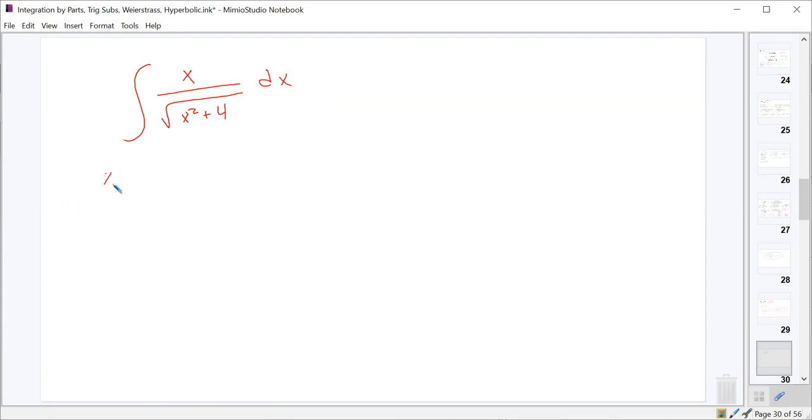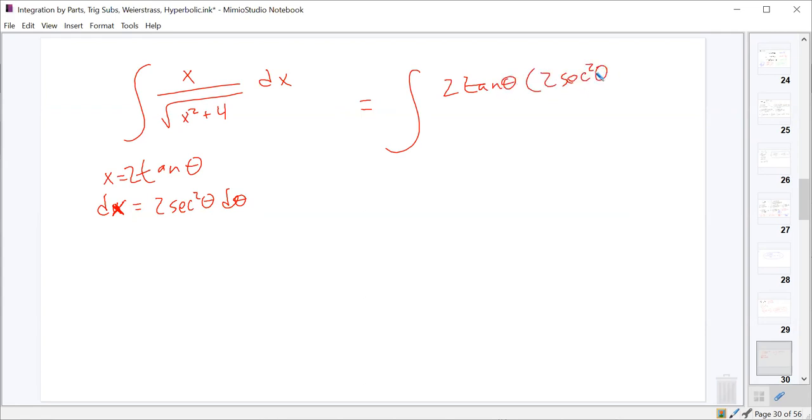And if you'd done the trig substitution, you would have done x equals 2 tangent theta, and dx would be 2 secant squared theta d theta, which would give us an integral of x and then dx over root x squared plus 4 for tangent squared theta plus 4. So for those of you that did the trig substitution this way, is that what you started off with?